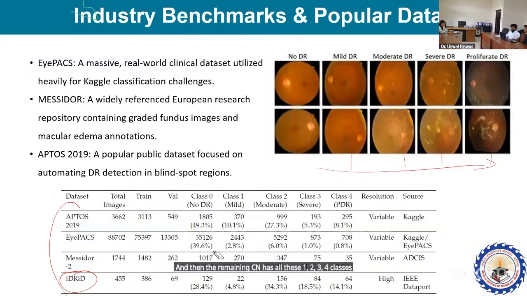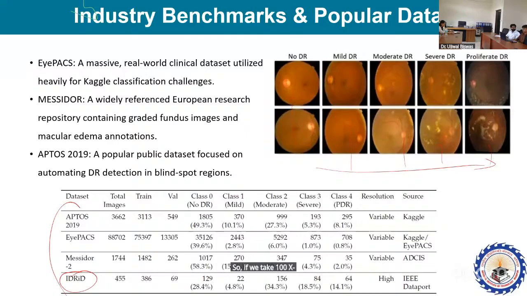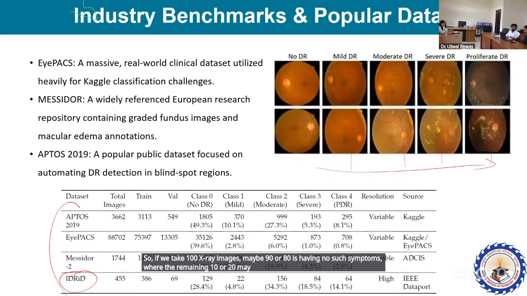The same holds if you want to detect cancer in lungs using X-ray images: if you take 100 X-ray images, maybe 90 or 80 have no symptoms, while the remaining 10 or 20 may have. So this is a skewed data set that we always see.